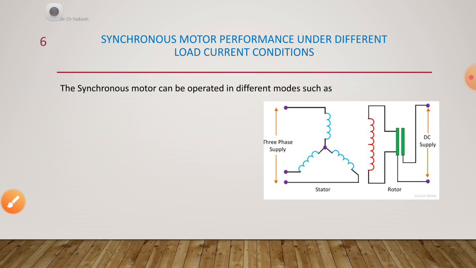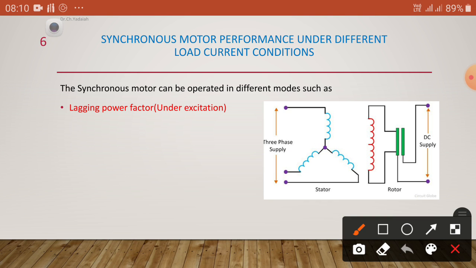Now, the synchronous motor can be operated in different modes, such as lagging power factor. That means whatever DC supply is given, for example here the normal voltage is 220 volts. Now, I have given only 180 volts to induce the rotor poles.